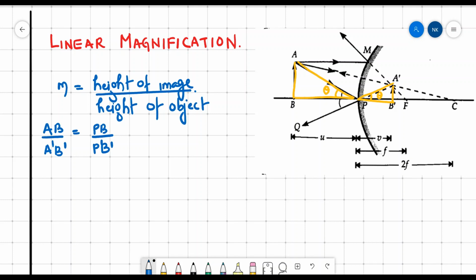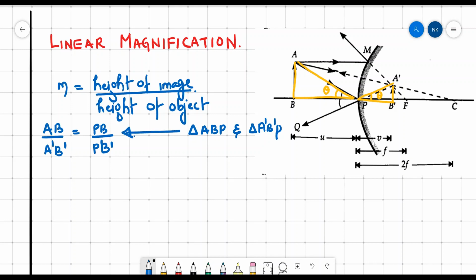I repeat, this is from triangle ABP and triangle A dash B dash P. So this relationship came from there.